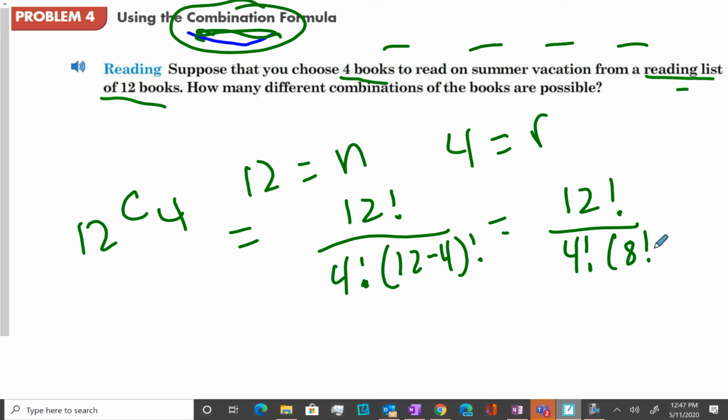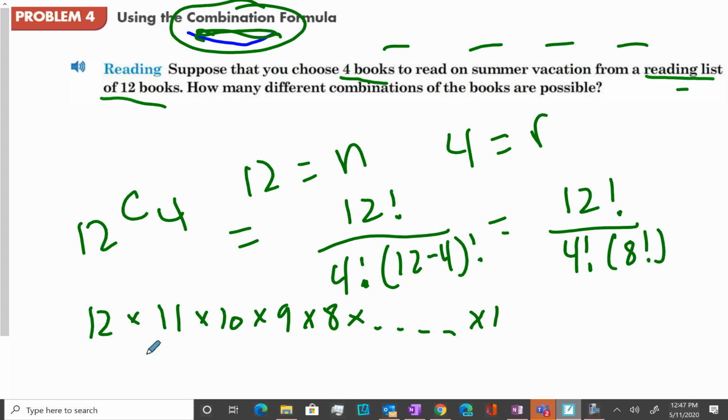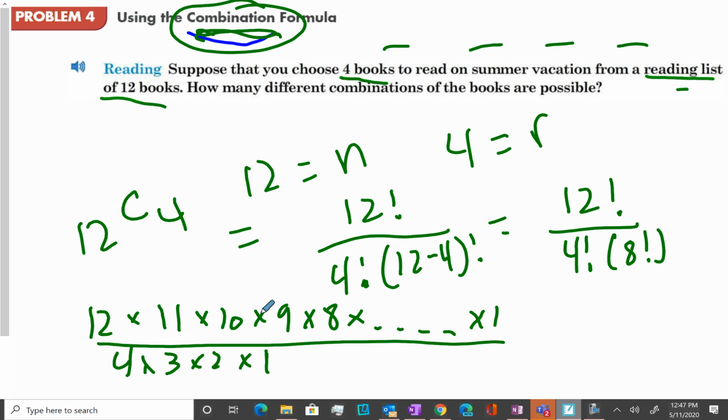So 8 factorial. So then it breaks down: 12 factorial is 12 times 11 times 10 times 9 times 8 and then times all the way down to 1, right? 4 factorial is 4 times 3 times 2 times 1. Again, you don't really even have to write the ones, because timesing by 1 is itself, right? And then 8 factorial will be 8 down to 1.